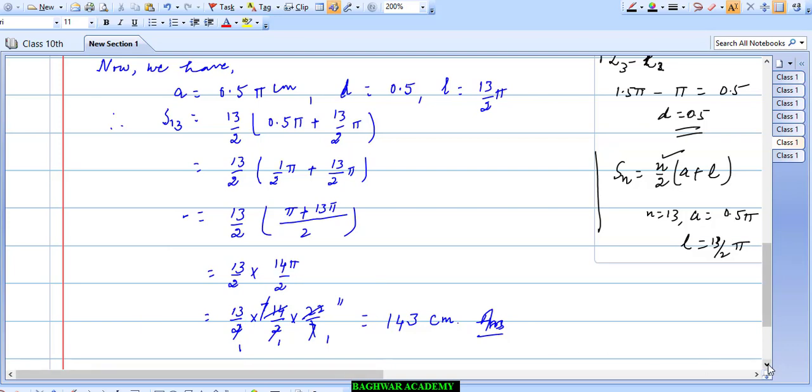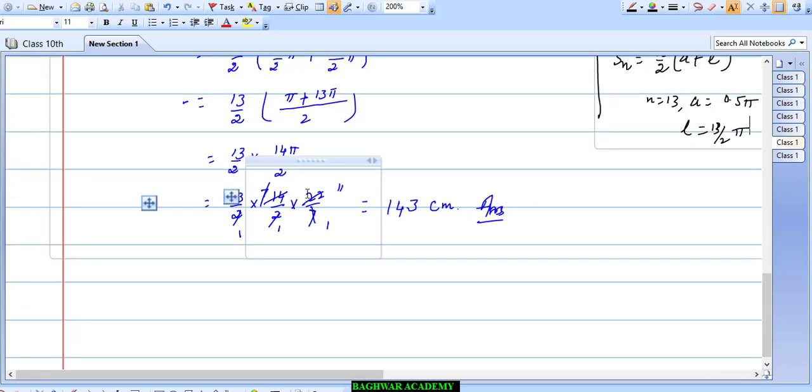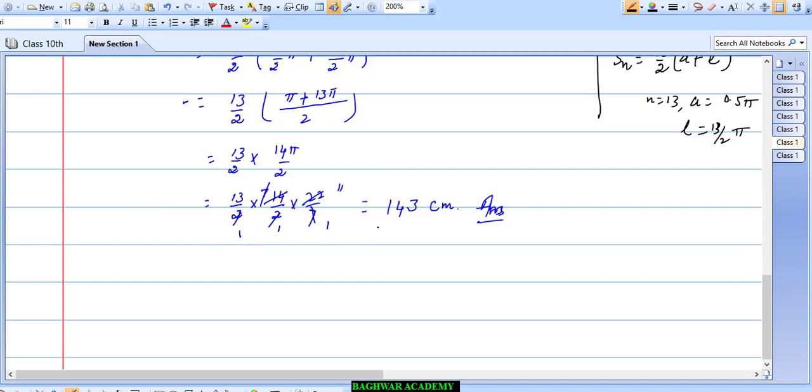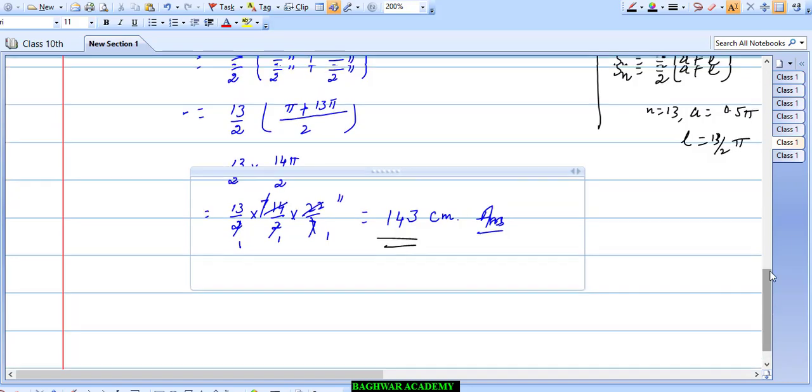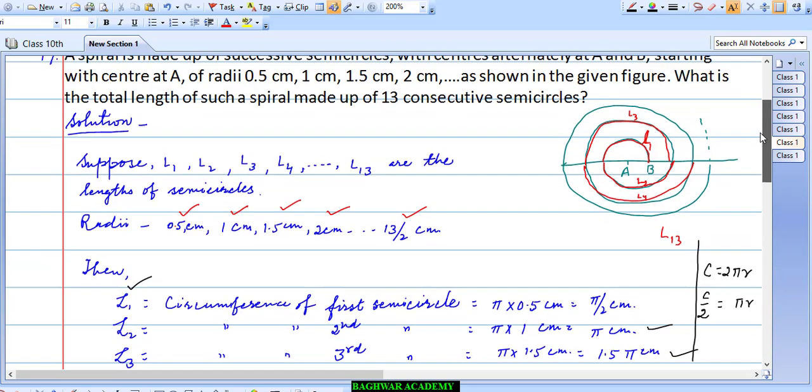In place of pi we write 22 by 7. So 13 by 2 into 14 by 2 into 22 by 7 cancels, and we finally get 143 centimeter, and that is your answer. So we have found the total length of the spiral.